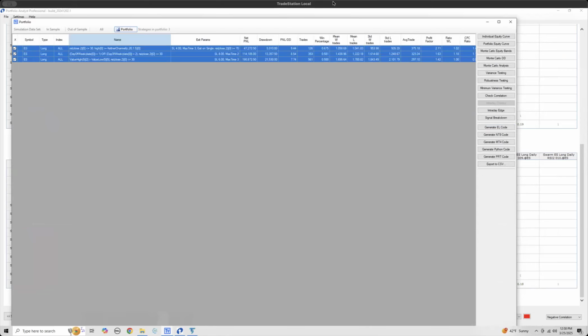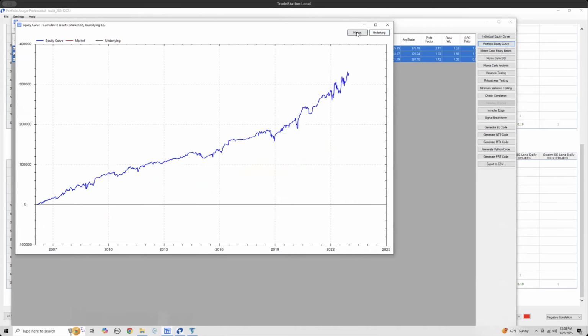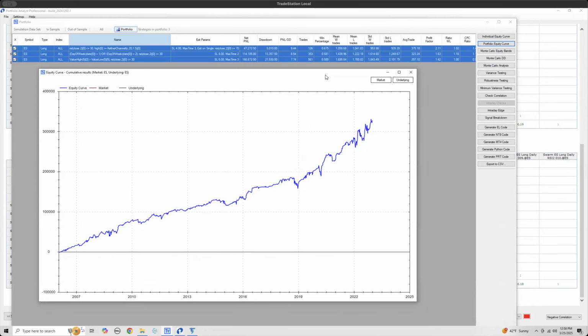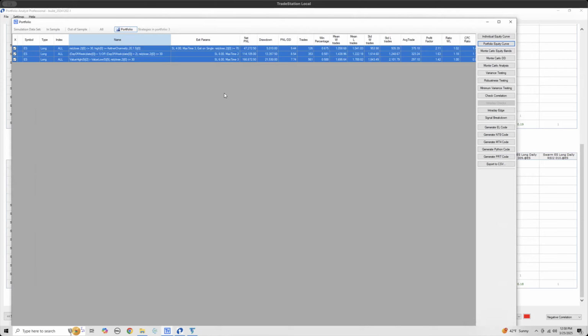For example, you can go up and do the portfolio equity curve. That's what the equity curve would look like for this one, and you can compare it to the underlying market. There's the market. It's pretty basic. I could just use it as a holding place. And let's know what David plans to release for the portfolio.